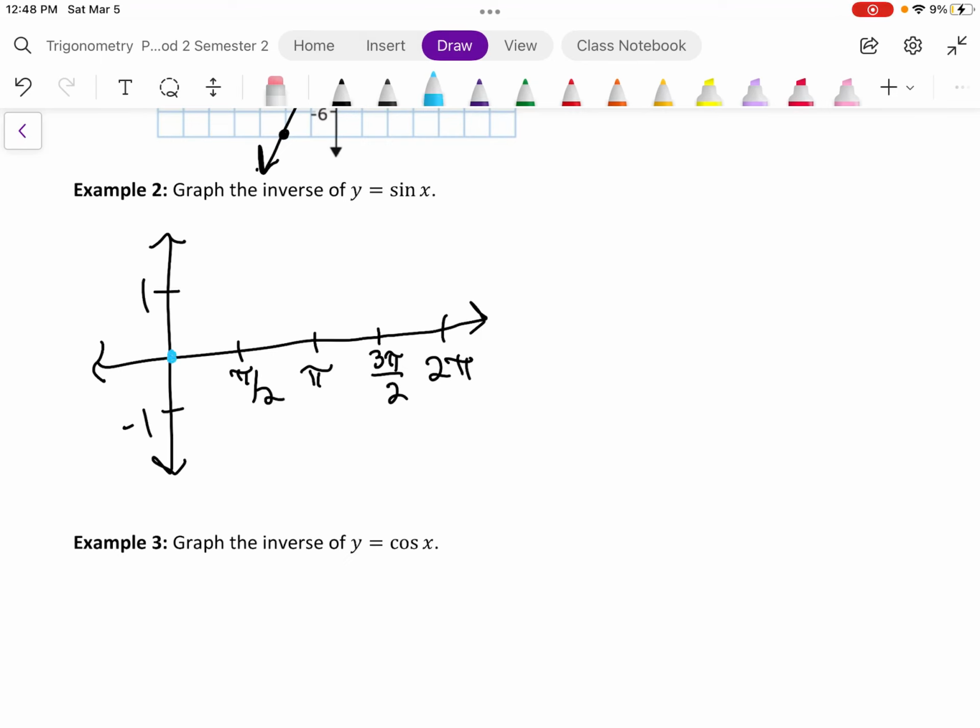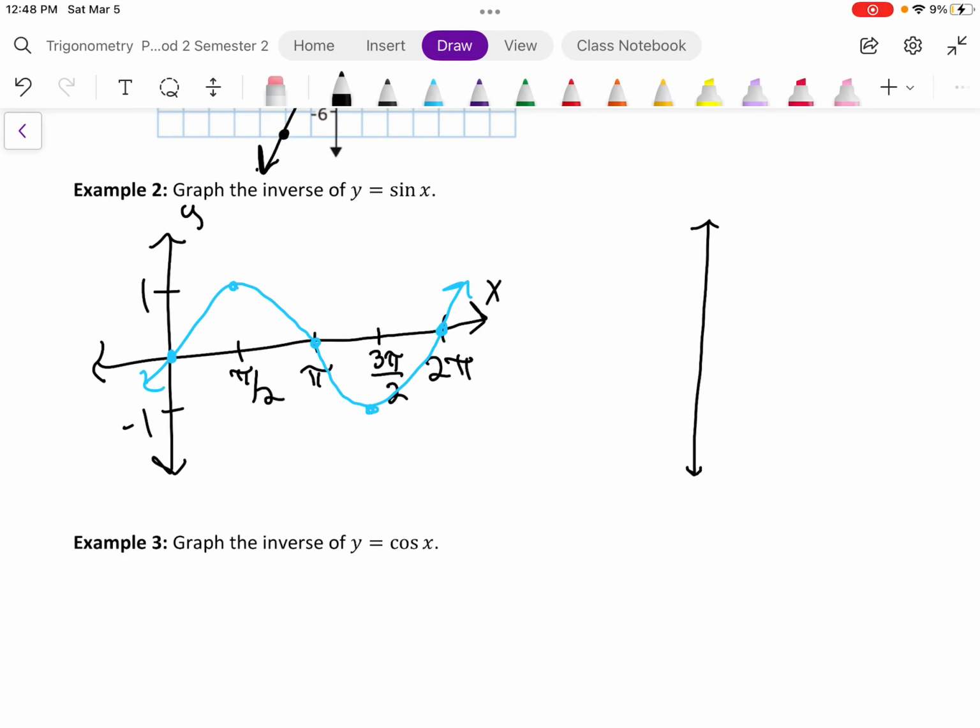Hopefully by now we're getting pretty quick at graphing a plain old sine function. All right. So for the inverse function, we are going to be switching x and y. And that also means we're going to be swapping our labels on our x and our y coordinate.